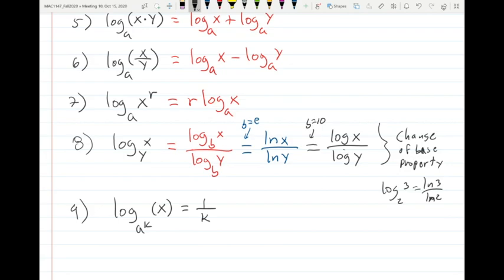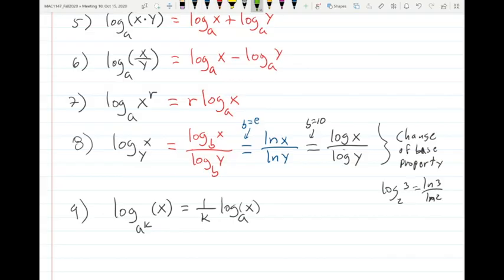So it's 1 over k times log base a of x. Again, this last property you rarely see in the books because it follows from the ones that we have above. So this one you can show follows easily from property 7 and property 8.